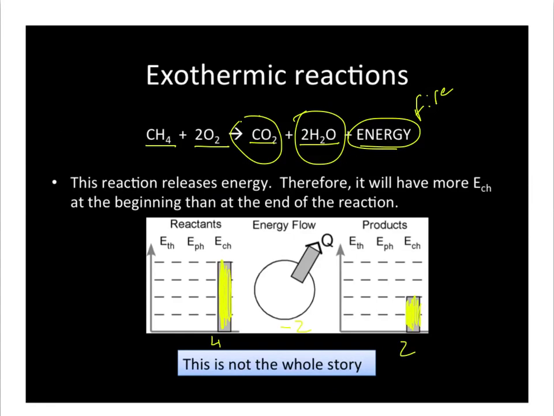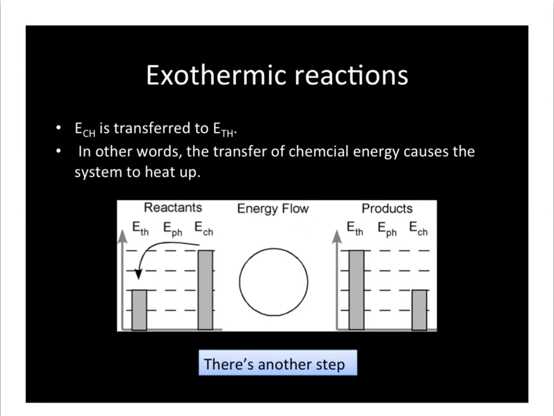But this isn't the whole story, because we have this fire, we have this heat, and heat changes temperature. So we have to look at the thermal energy as well. So what we see happening is that there is a middle step. ECH is going to transfer its energy to ETH.